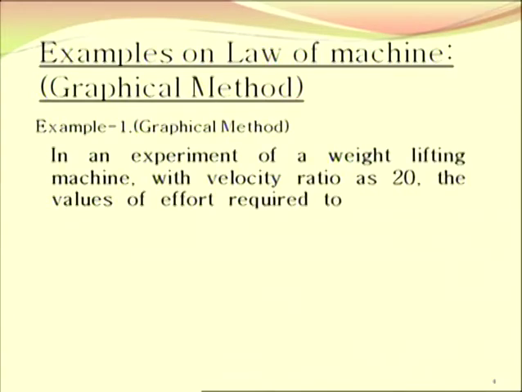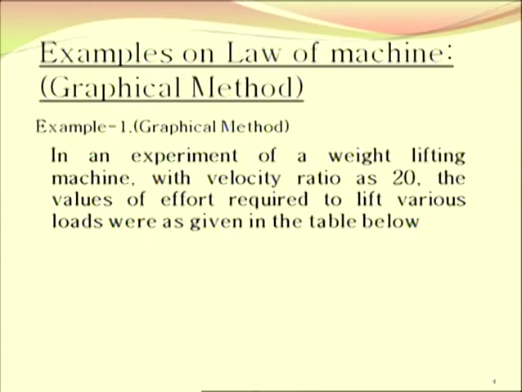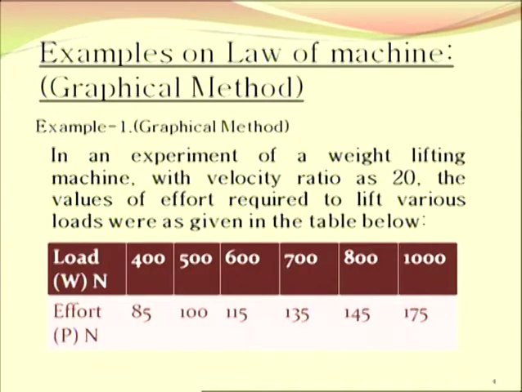In an experiment of a weight lifting machine with velocity ratio as 20, the values of effort required to lift various loads were as given in the table below. Load, which is mentioned as capital W in Newton, and effort, which is mentioned as capital P in Newton. First data: the load is 400 Newton and effort is 85 Newton.